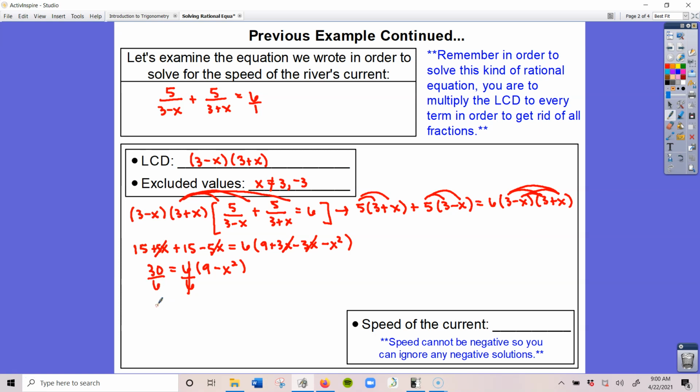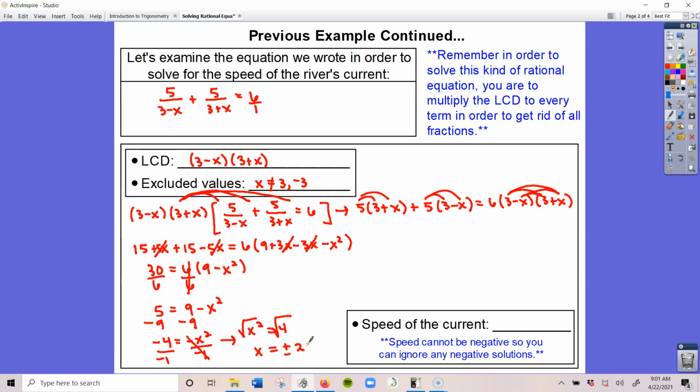So 30 divided by 6 is 5, and that's going to equal 9 minus x squared. Subtract the 9, we get that negative 4 is equal to negative x squared, and then divide by negative 1 to get rid of that negative. So we get x squared is equal to 4, square root both sides, and we get that x is equal to plus or minus 2.